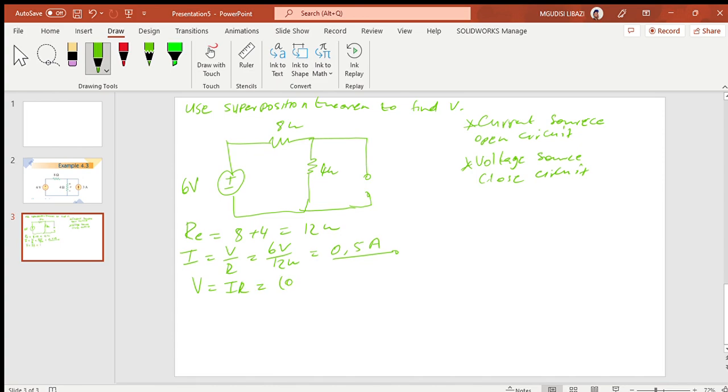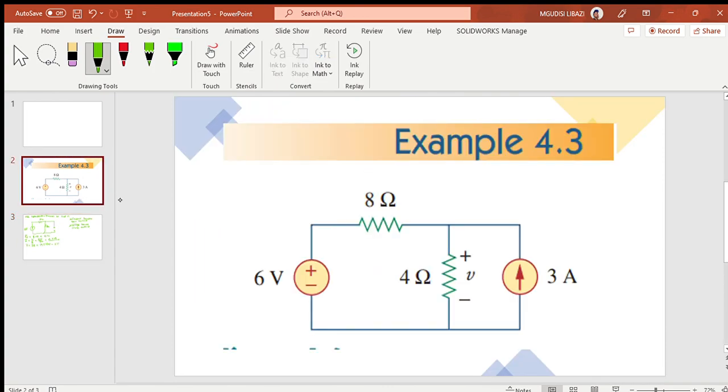I have 0.5 amps multiplied by the resistor, which is 4. It should be 2, because 0.5 times 4 is 2 volts. So that's the voltage I get at the 4 ohm resistor due to the 6 volt source.